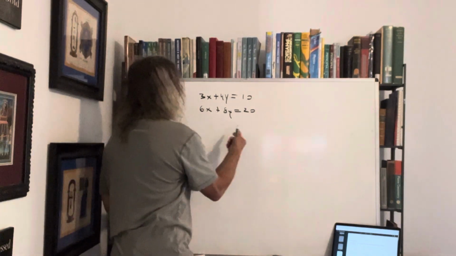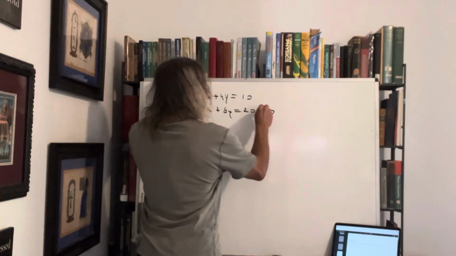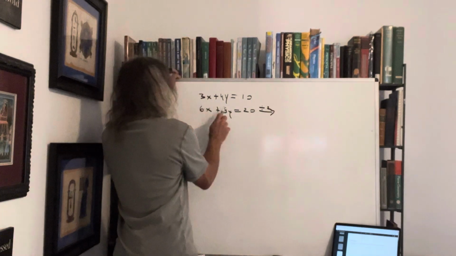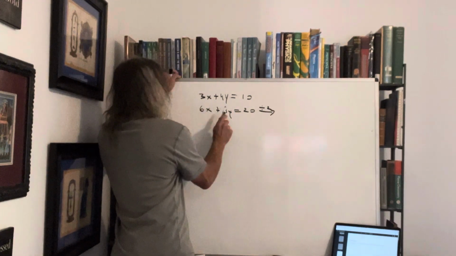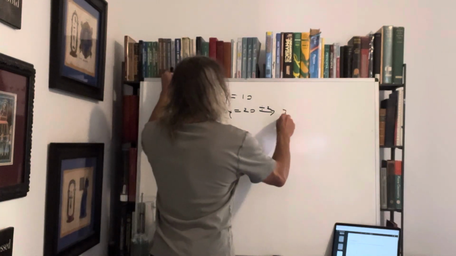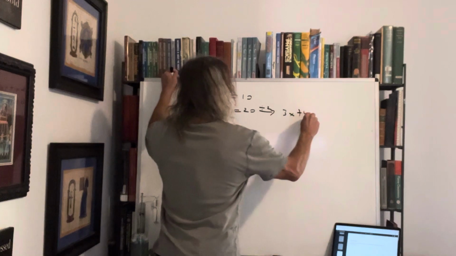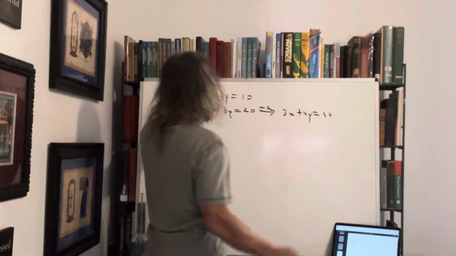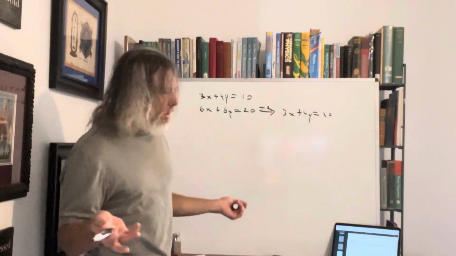Because we could divide out by 2. If I divided everything by 2, then notice we get 3x plus 4y equals 10, which is the same as that. So they're really the same equation.